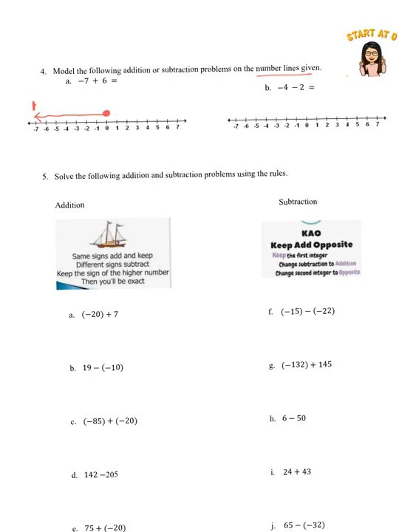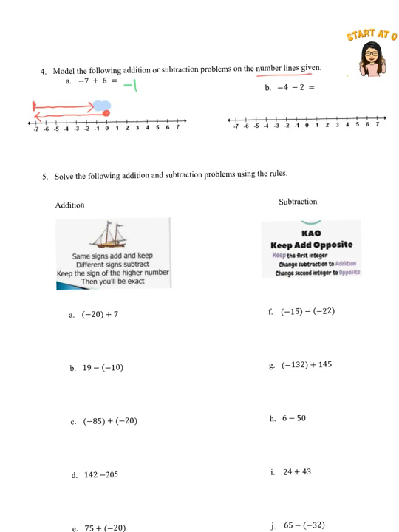So I am at -7. I go 6 units. 1, 2, 3, 4, 5, 6 units to the right. This is going to be your answer right here. So what is it? 0 to -1, the answer is -1.